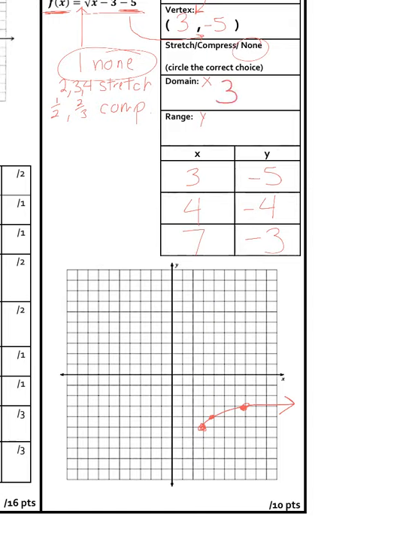So 3 up in our domain, and then our arrow is pointing towards the right. Right is towards the big x value, so that is a positive infinity. We always use a parenthesis for infinity, and since our 3, -5, that vertex is an actual point, we are going to put a bracket there.